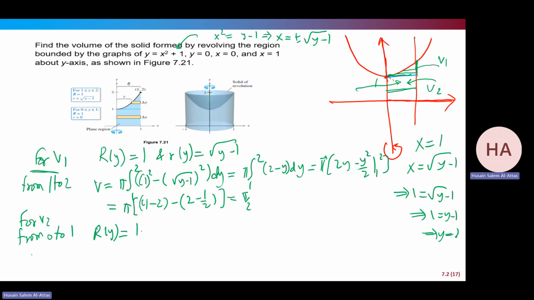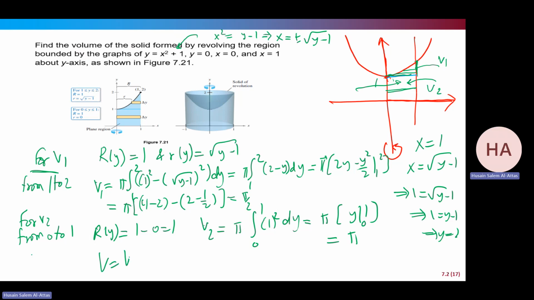Okay, 1 minus 0, which is 1. So the volume V2 will be pi integral from 0 to 1 of 1 squared dy, which is pi times y from 0 to 1, which is pi.